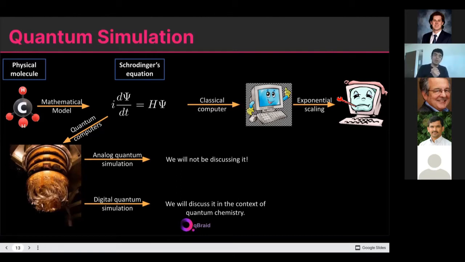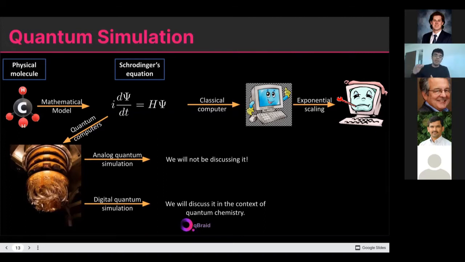And then you have something called digital quantum simulation. This combines the idea that Feynman proposed along with David Deutsch's universal quantum computation, the gate model. In digital quantum simulation, you have the gate model, which means your most fundamental unit of information is a qubit.